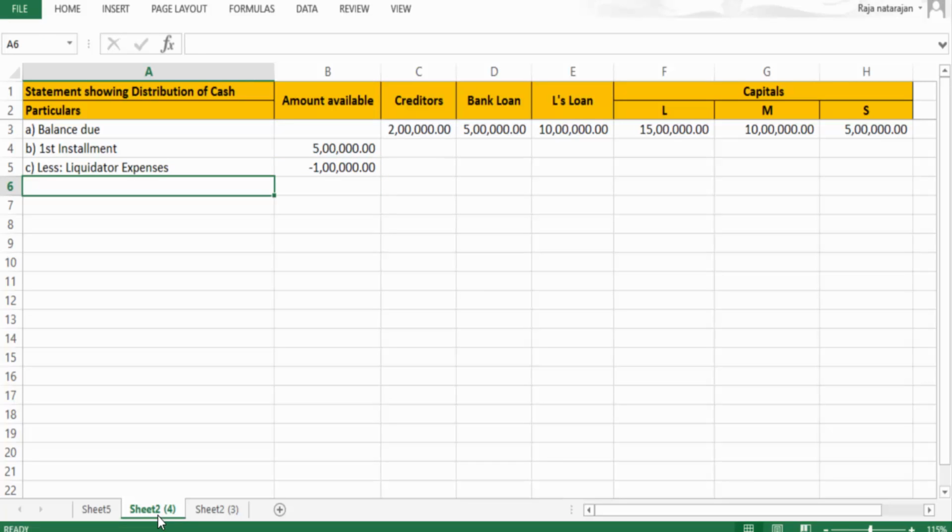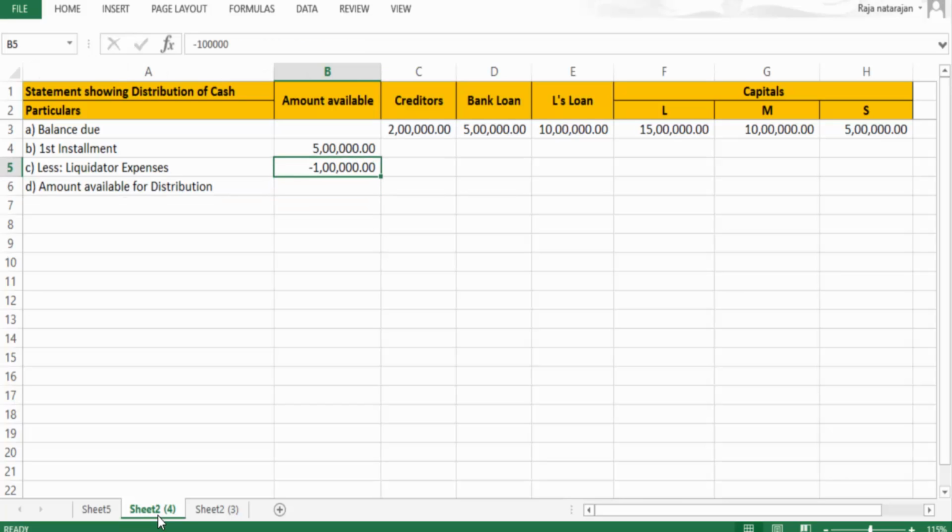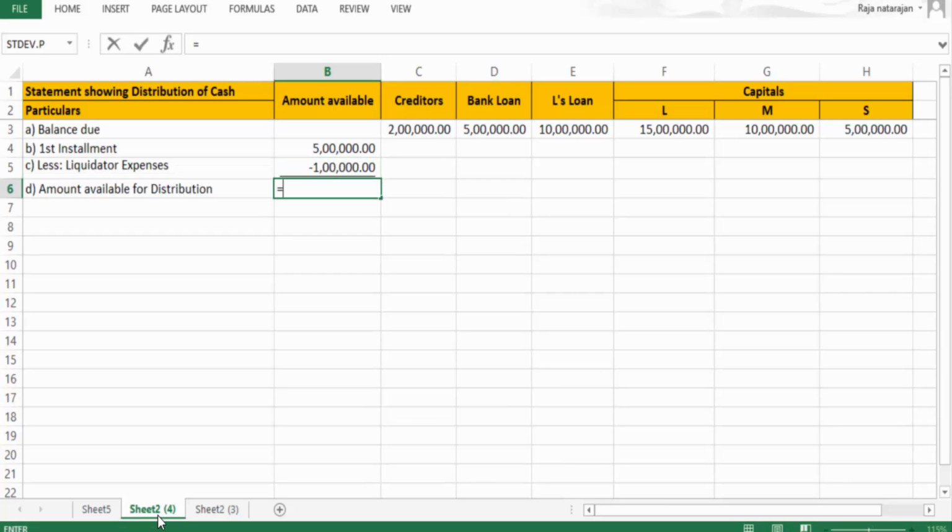So what is the amount available? The amount available for distribution is this 5 lakh minus 1 lakh. We have 4 lakhs. Now this 4 lakhs can be distributed to the creditors and bank loan. Both of them are outsiders, so let us distribute it in the ratio 2:5. 2 lakh is to 5 lakh, so we are going to distribute it in the ratio of 2:5.